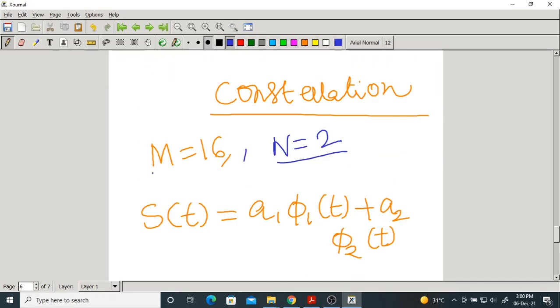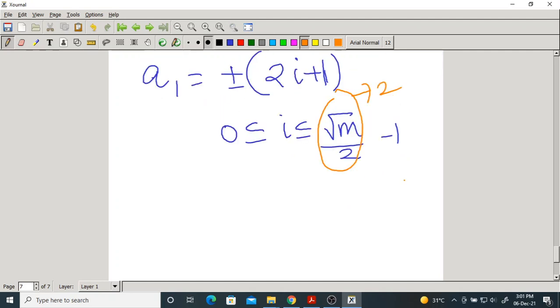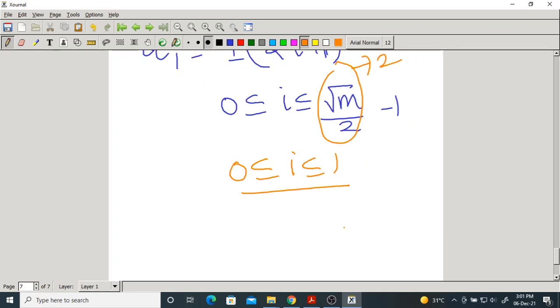What is root M? Root M equal to 4. What is root M by 2? This is 2. So 2 minus 1 is 1. It varies from 0 to 1. So i is 0 and i is 1. If i is 0, what is A1?